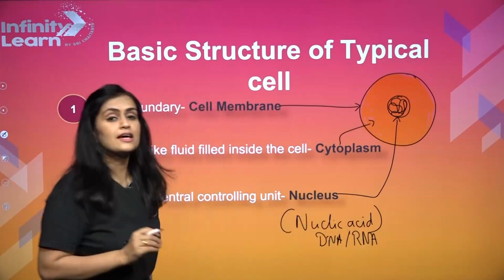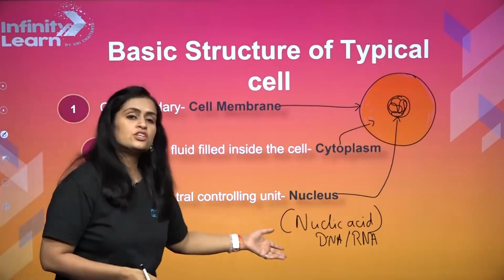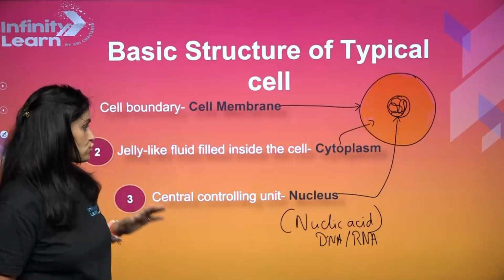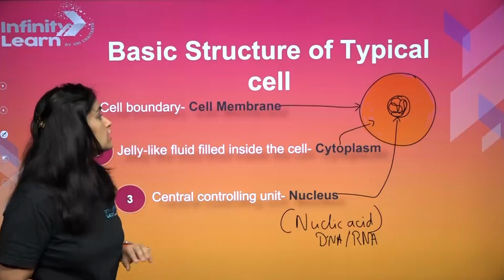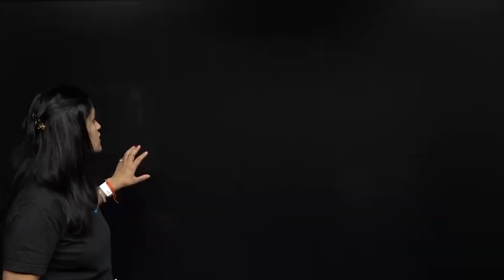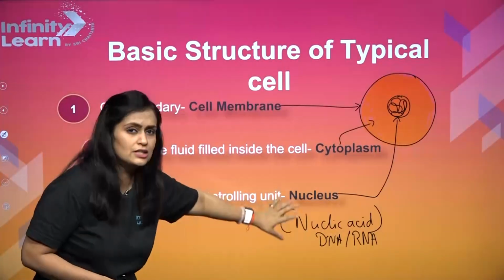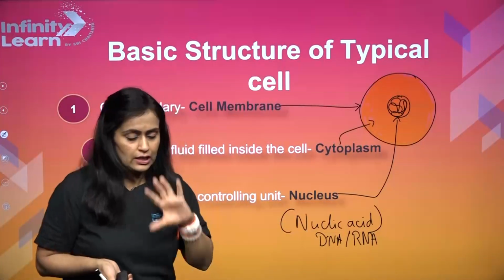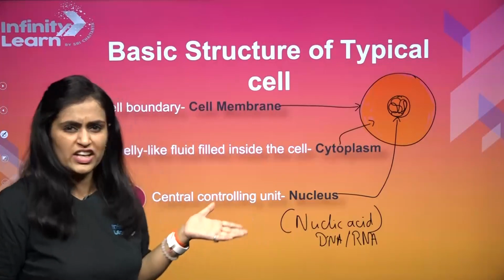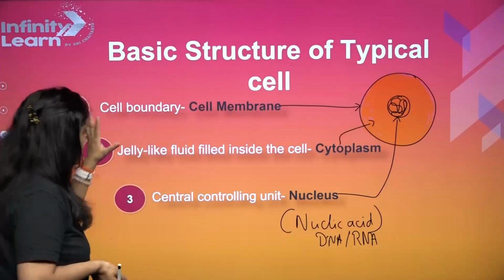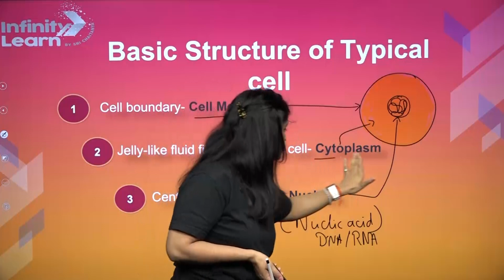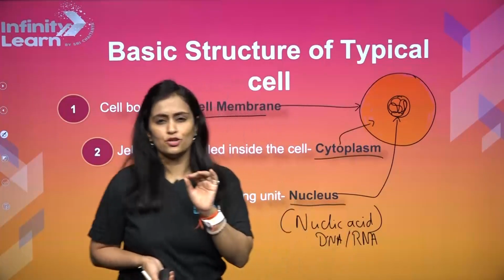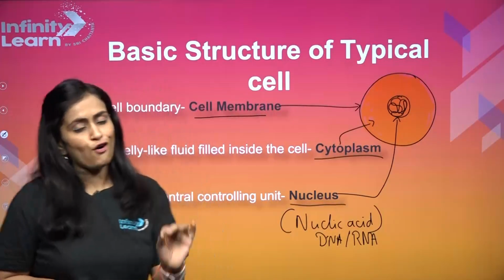Okay? This has to be there. DNA is what? The genetic material. So this has to be there. Alright, then comes. So this is the basic structure of the typical cell. Let it be a complex one, let it be a very simple one, bacterial cell. This thing, cell membrane, cytoplasm and nucleus should be there for sure.